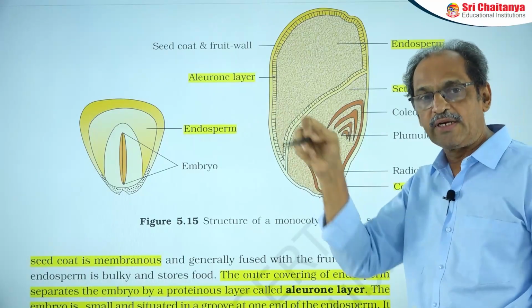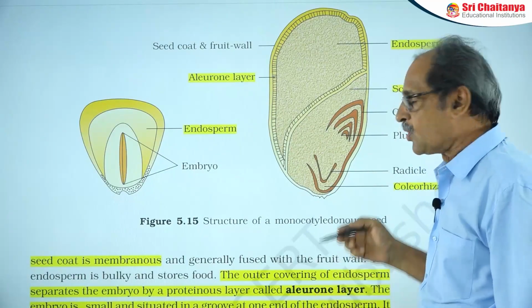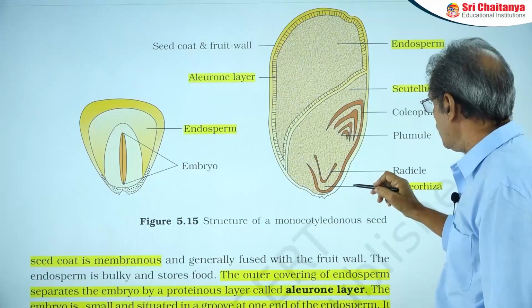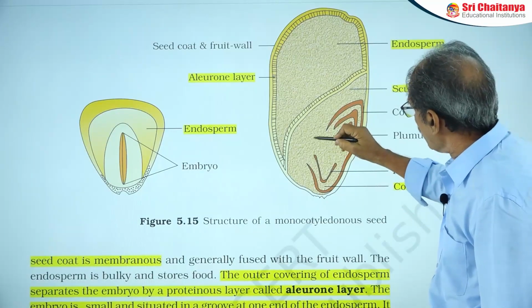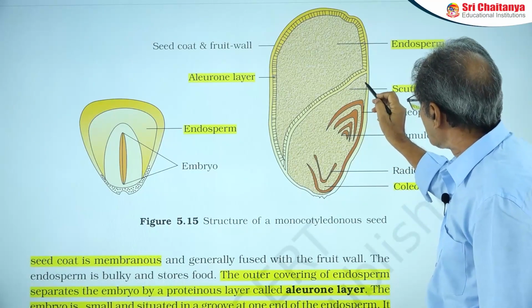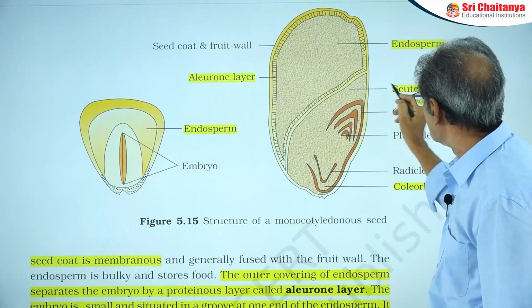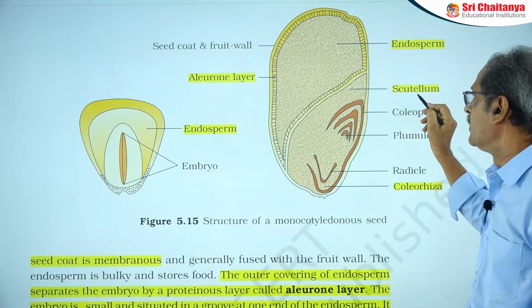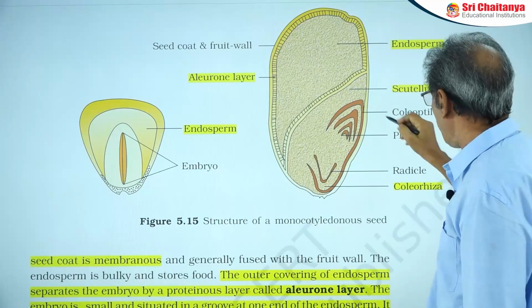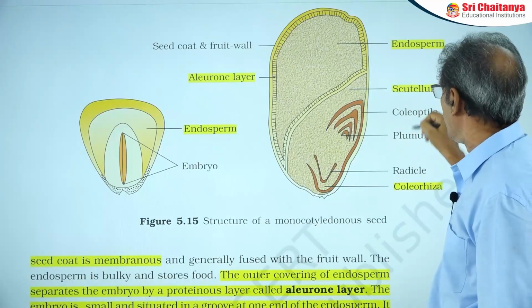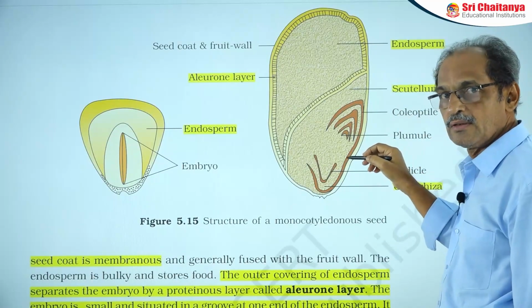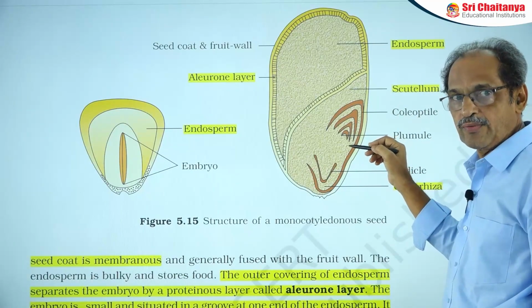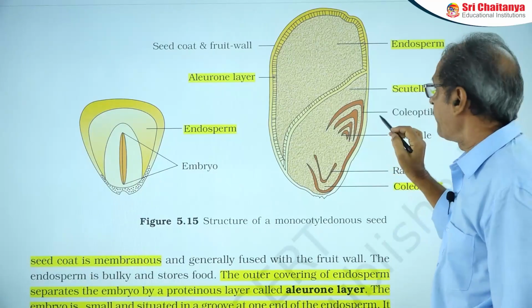Such structures are absent in dicot seeds. Coleoptile and coleorhiza, and only one cotyledon, which is large, especially in grasses, a shield-shaped structure called scutellum. The ploidy of all these parts of the embryo is 2n only, remember. Any part of the embryo is 2n.